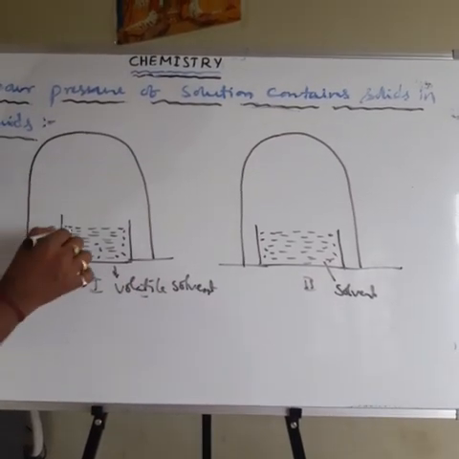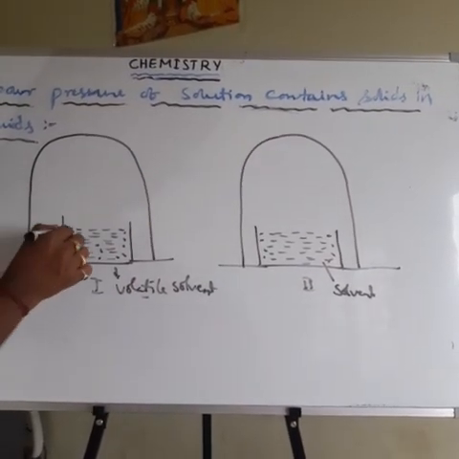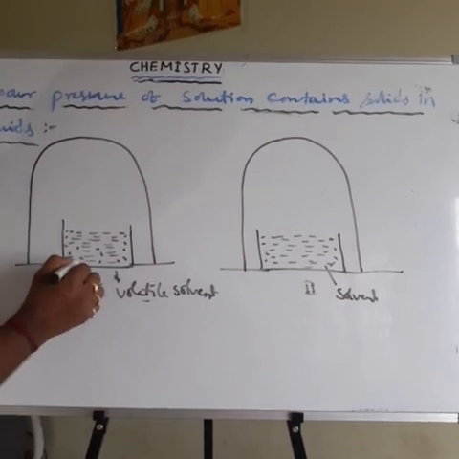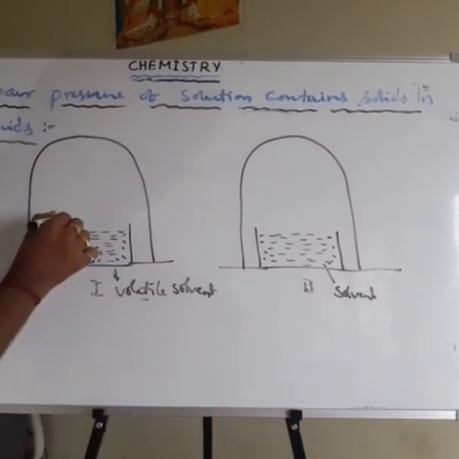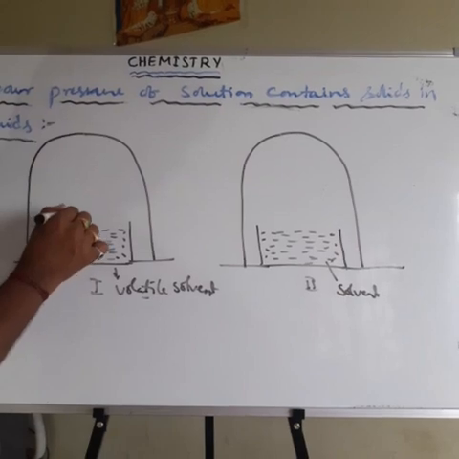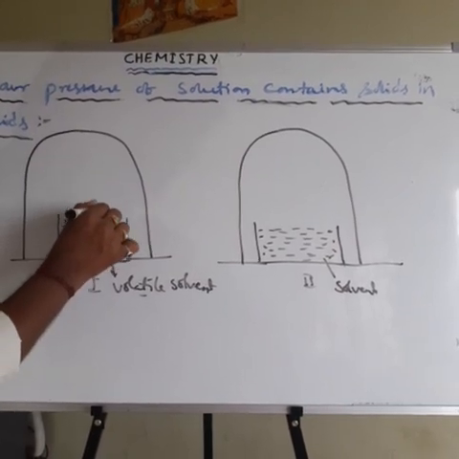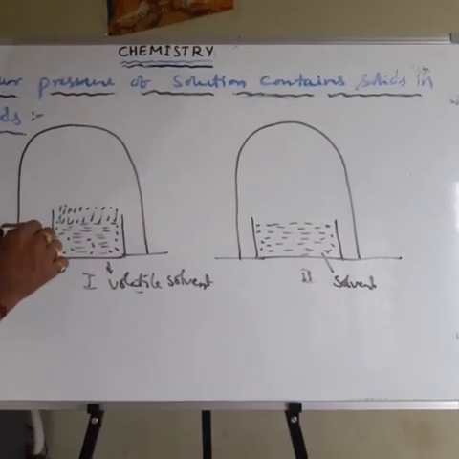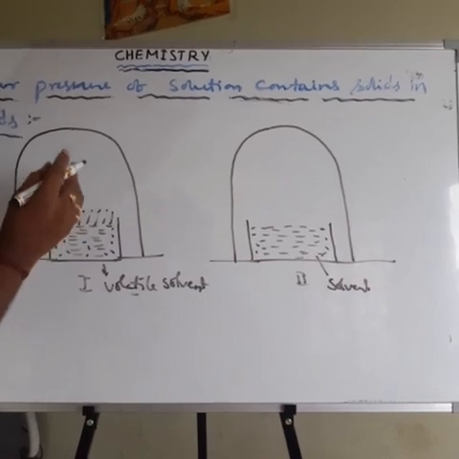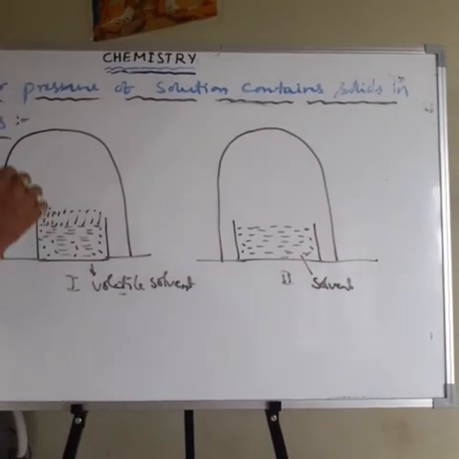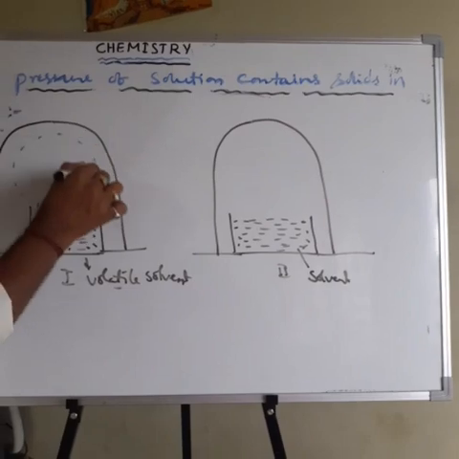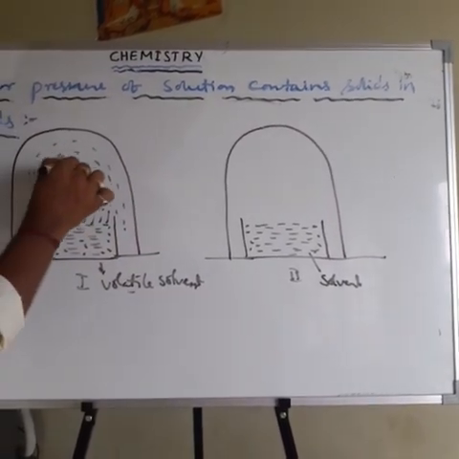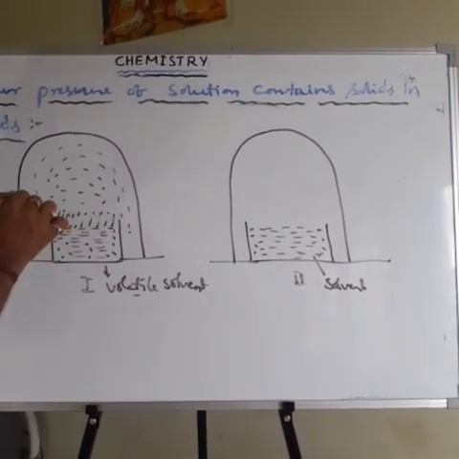Pure solvent means what type of solvent? Volatile solvent. That means when they heat this beaker, the solvent particles undergo evaporation. Whenever the solvent molecules evaporate, they escape from the liquid surface into this space. These solvent particles occupy this bowl.